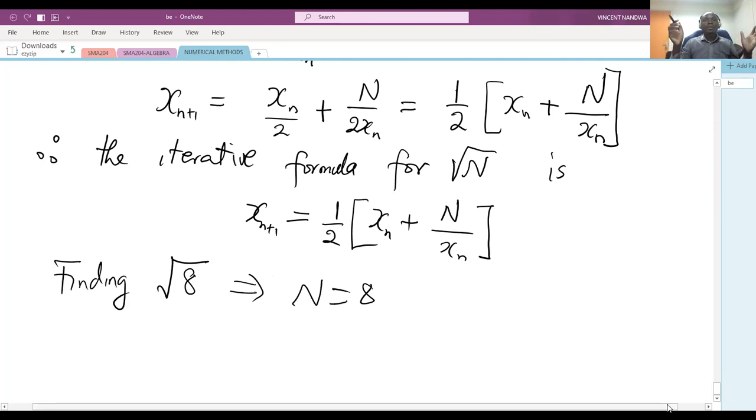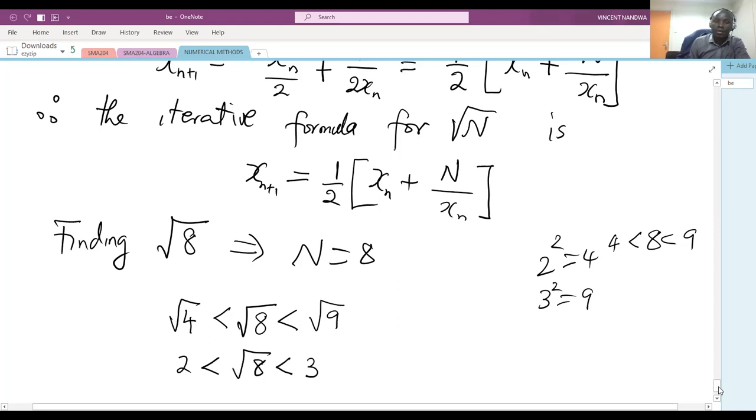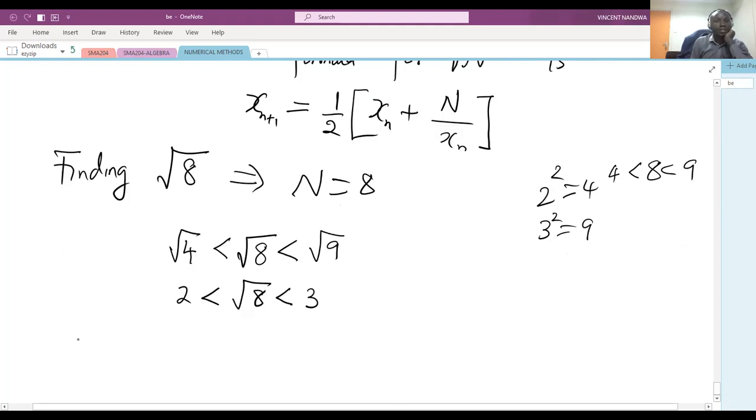Now, we see that the square of 2 is 4, the square of 3 is 9, and 8 is a number between 4 and 9. So the square root of 4 is less than the square root of 8, which is less than the square root of 9. It tells us that the square root of 8 is between 2 and 3. So this is like our A, this is like our B, or our XL and XR. Let x naught be half of these two extreme values, 2 plus 3, which is 2.5.